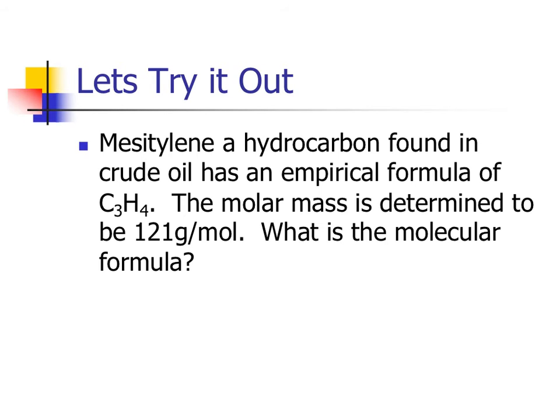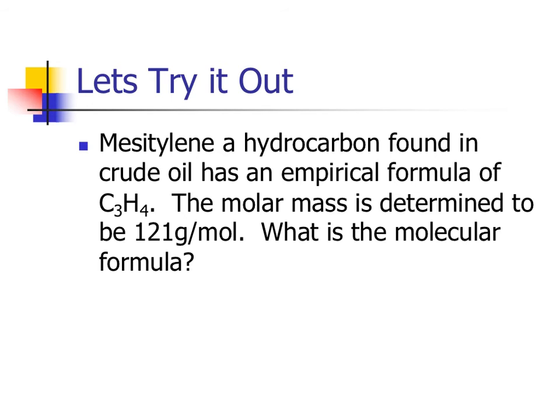Mesotylene, a hydrocarbon found in crude oil, has an empirical formula of C3H4. The molar mass is determined to be 121 grams per mole. What is the molecular formula? So this one's a little bit different.